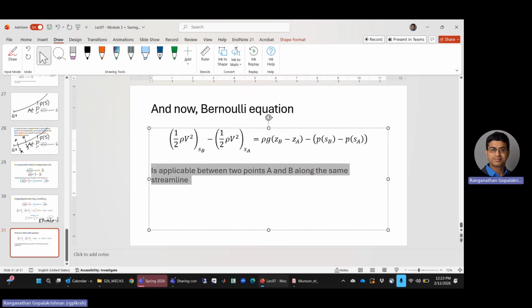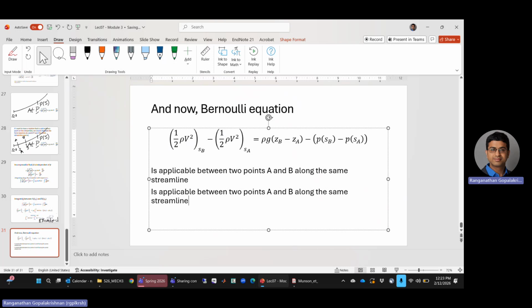But the reason I say same streamline is people sometimes forget that, or I'll just say along a streamline. As long as they are on the same streamline, we are okay. So integrating the balance equation, determining the pressure, we now have a relation between the local velocity, the local pressure and the local elevation.